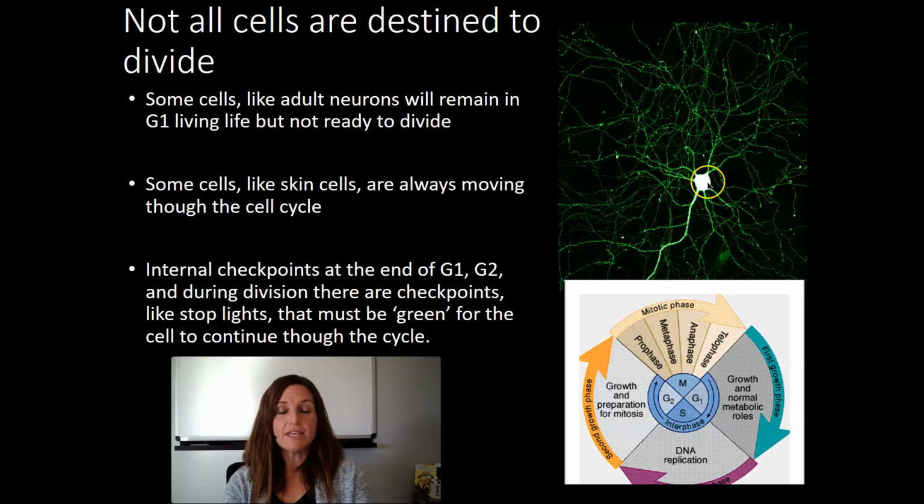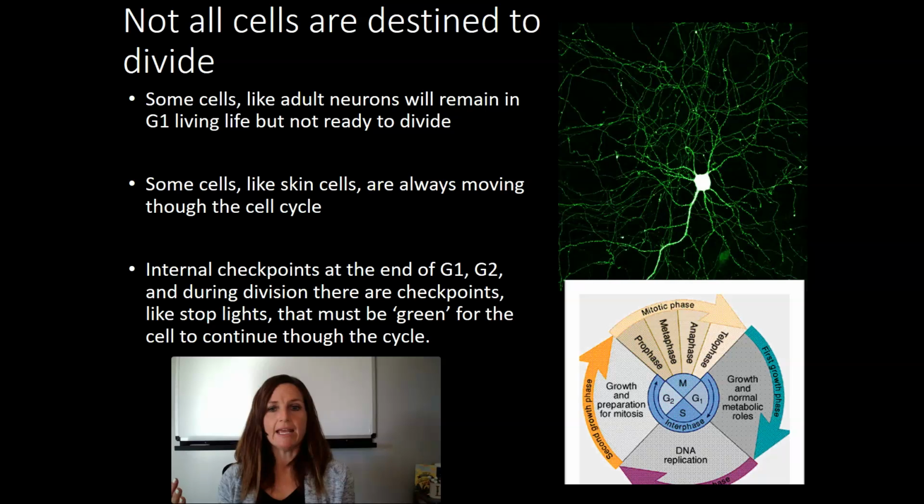Now, if you imagine this cell needing to recreate that whole series of networks, it would not be possible. The cell would not be able to do it. So cells like neurons don't continue dividing.